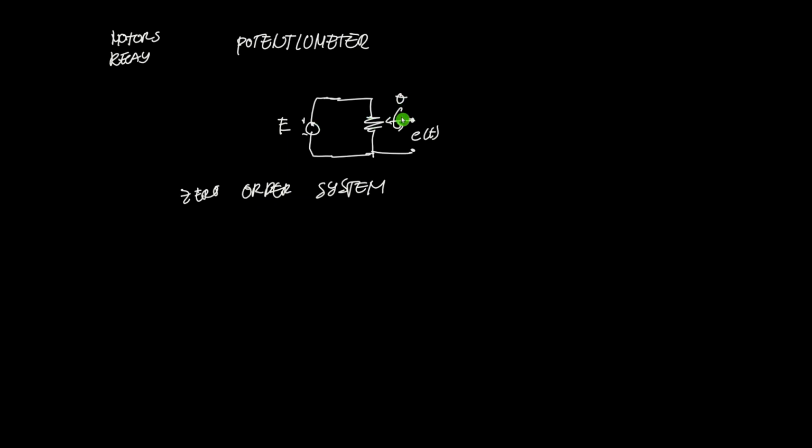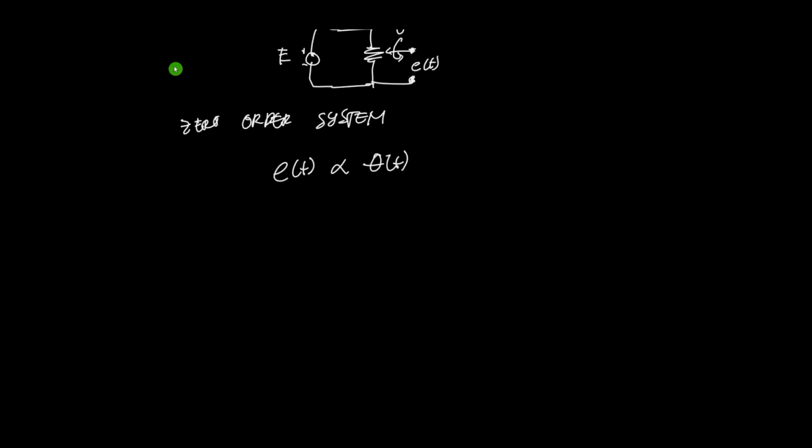We rotate the potentiometer and it will result in a voltage drop across this terminal here, and they are just directly proportional. That voltage is just proportional to that angular displacement in the time domain. If we remove the proportionality symbol and change it to equals, then we introduce a proportionality constant.